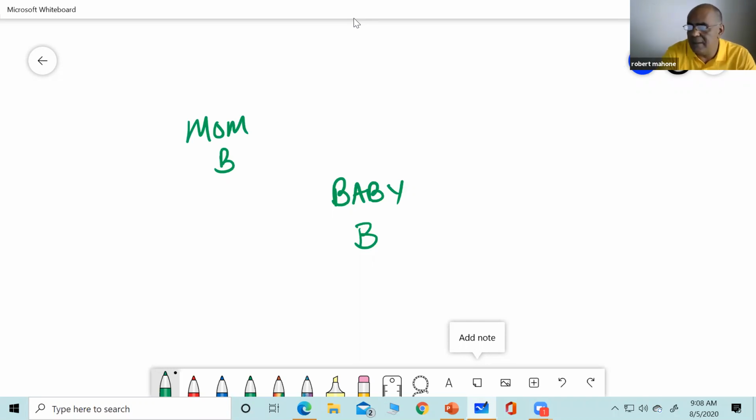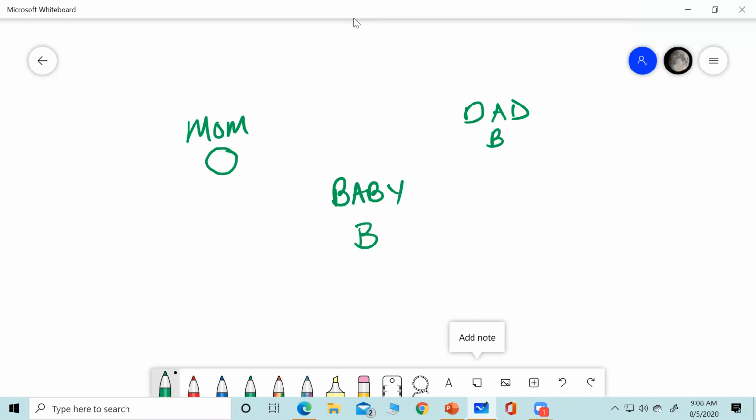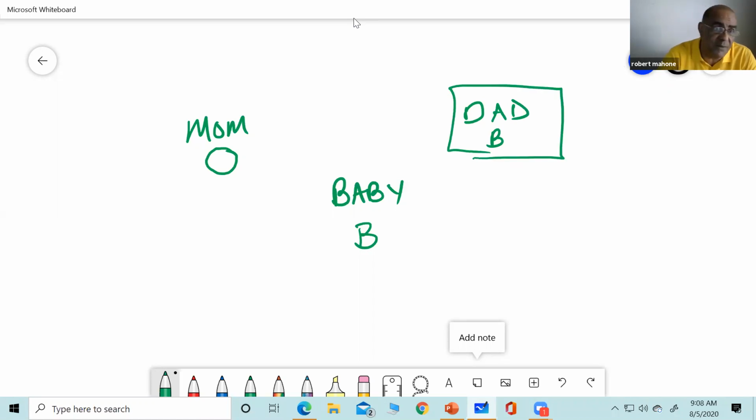But let's say mama is type O. What's the dad's blood type? The father of this baby must be type B because the baby will match one of the parents. But still, unfortunately, any B person out there could be the daddy of this baby.